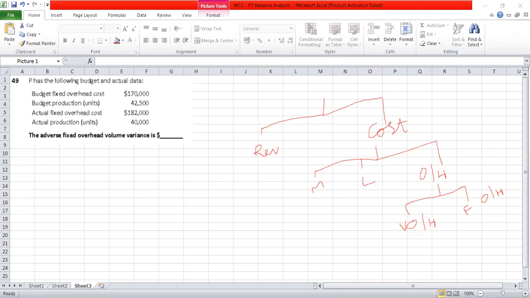That part is also fine. But these overheads are not identified, and their nature could be variable or fixed. So if the standards are decided for variable overhead and fixed overhead, then we need to take up a variance analysis for variable overhead and for fixed overhead.